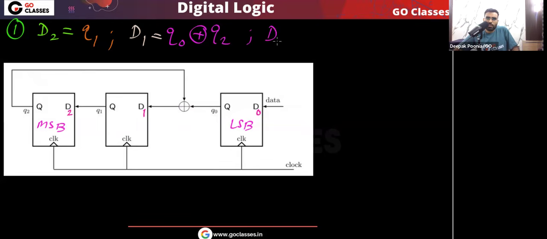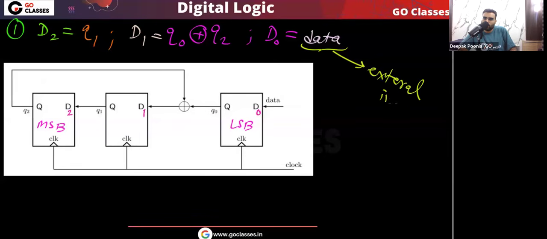And what about D0? That is the same as data, this external input data. Remember, this data is the external input, and D0 is the same as this data. Okay, I hope you understood this. So very simple: D0 is the same as data, D1 is Q0 XOR Q2. Now let's see.